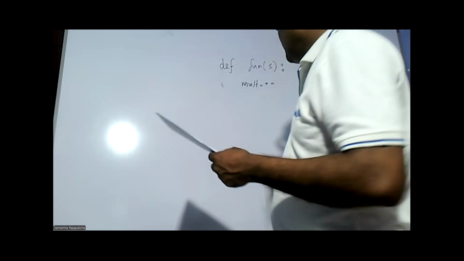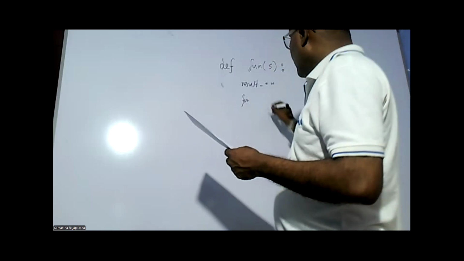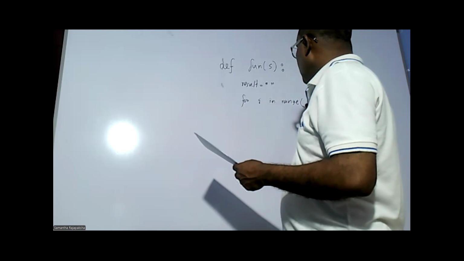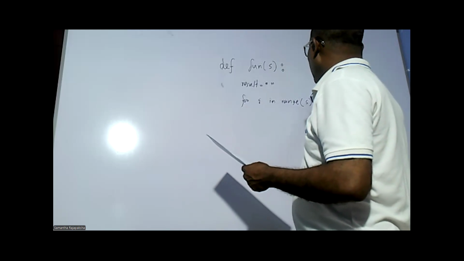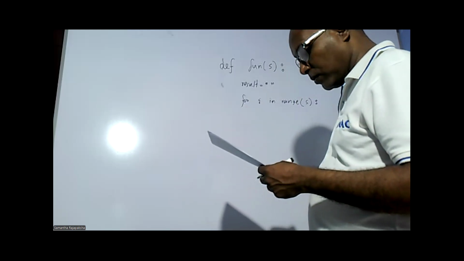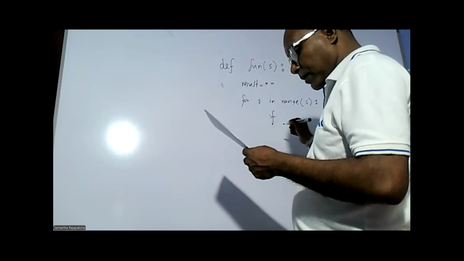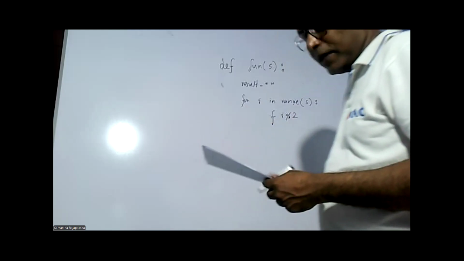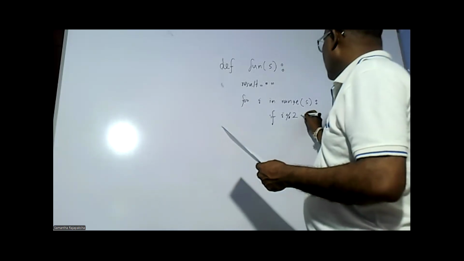Result initialized to empty. Then the for loop: for i in range, and the colon. That's the syntax for the for loop. If i divided by 2, i remainder is equal to 0.